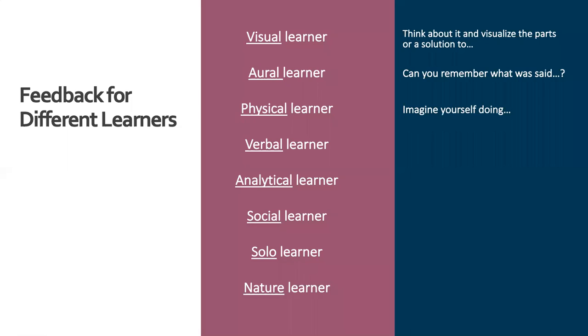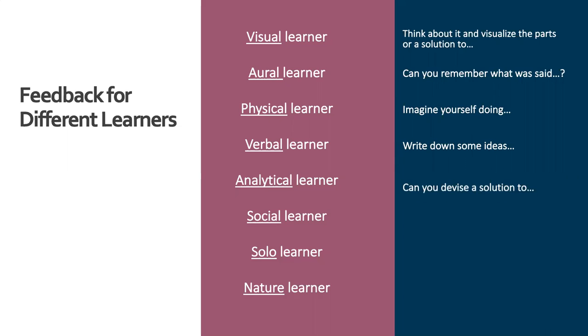With an oral learner, you might say, can you remember the conversation? What was said? How did that go? What did that mean? With a physical learner, you might prompt them by saying, imagine yourself doing something. What would you be doing if you were learning X? A verbal learner, you might say, what is something that you could write down that would tell me a little bit more about that? Give me some ideas about this topic.